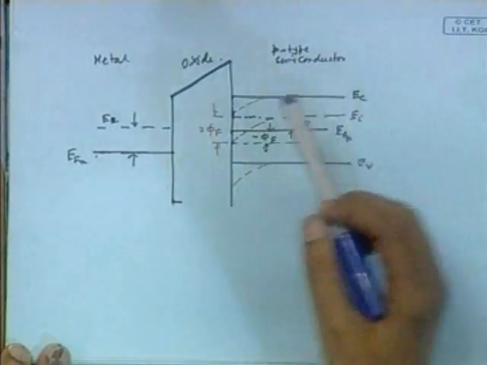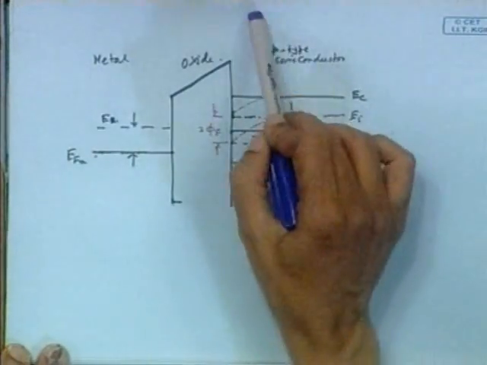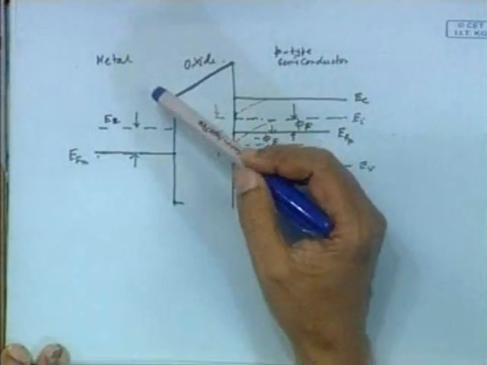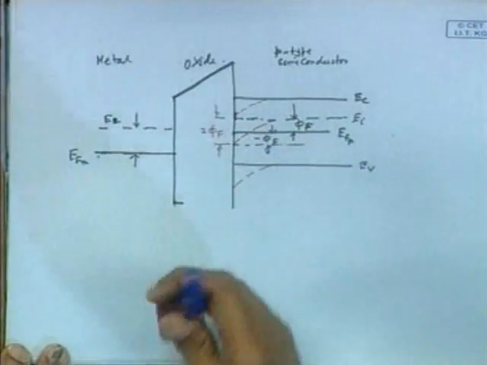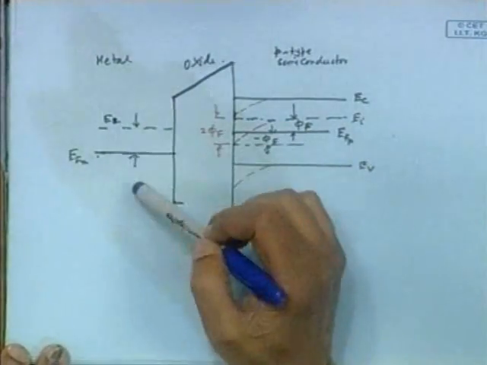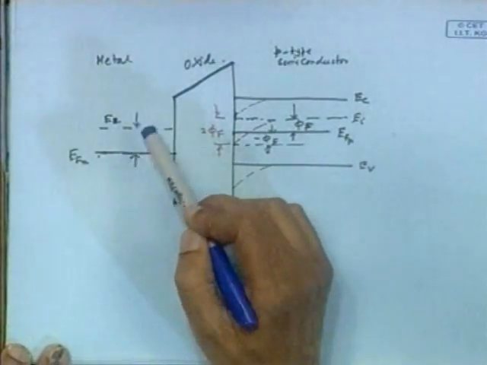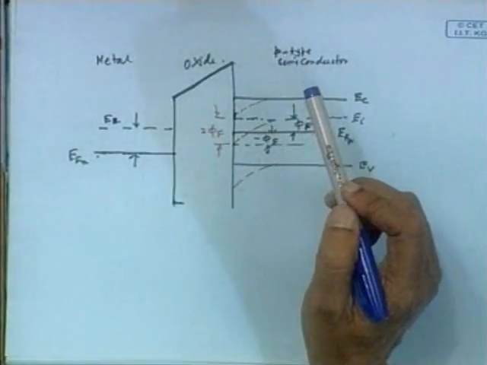On this side, above, you have the free space. On the other side is the metal side, where this is the work function difference in the metal.